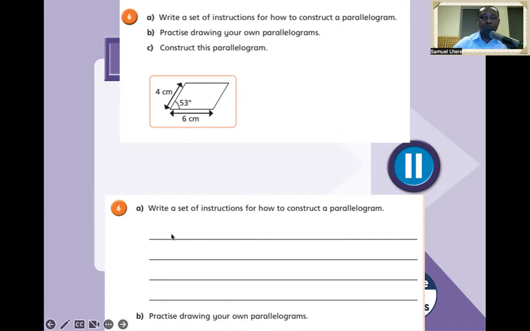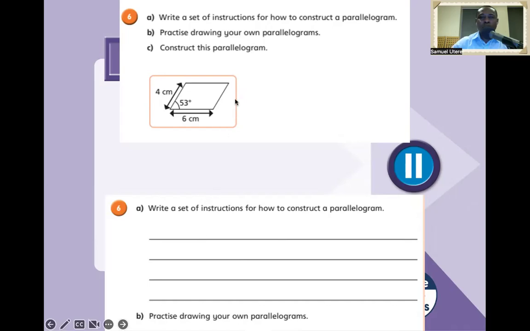Step two, you would put your protractor at the left end of the 6 centimeter line and measure 53 degrees. Put a mark at the point where you measured 53 degrees. Now take a ruler and make sure the ruler lines up with the left end of the line with the mark of the 53 degrees, and then draw a 4 centimeter line.